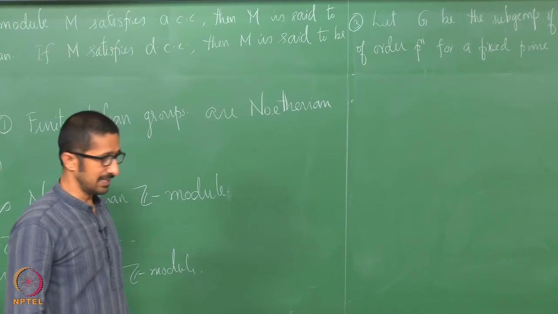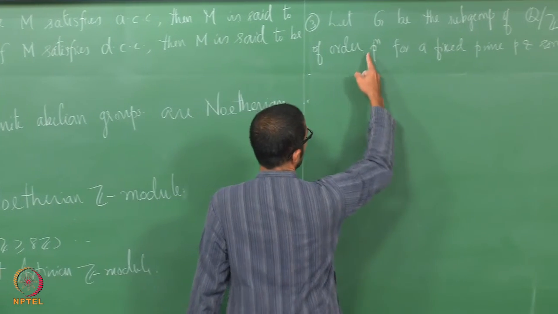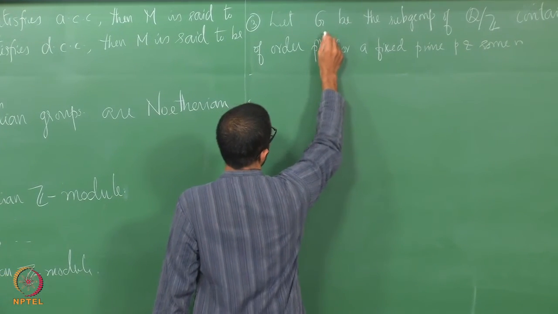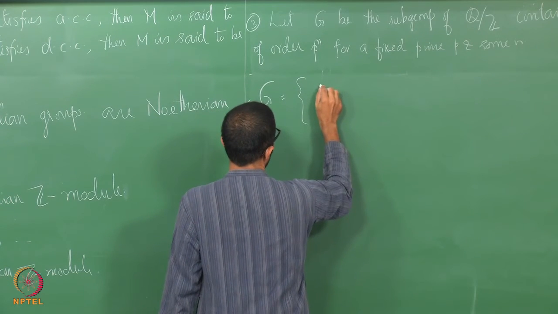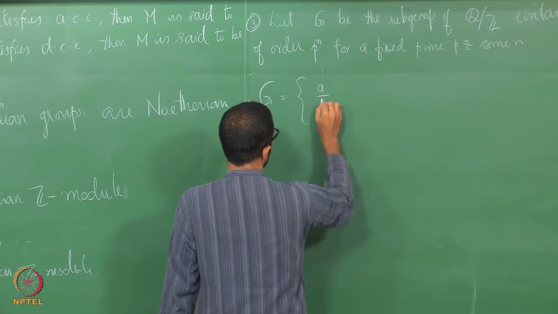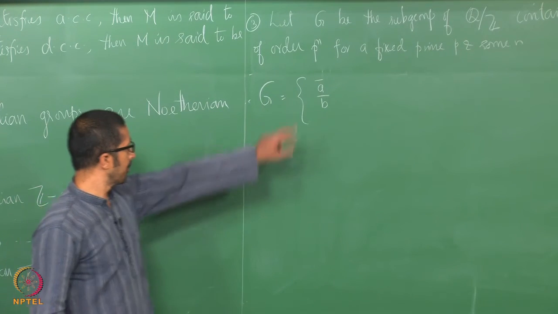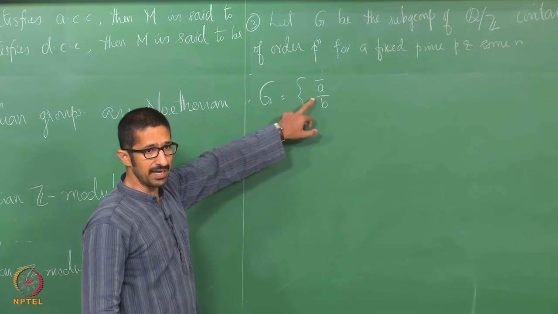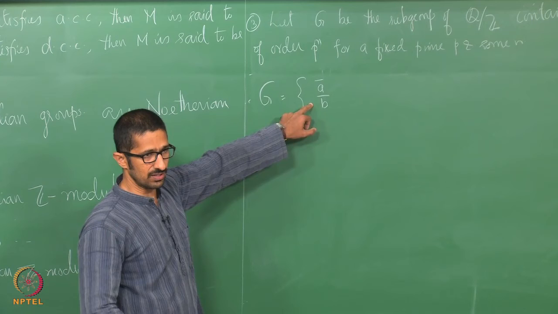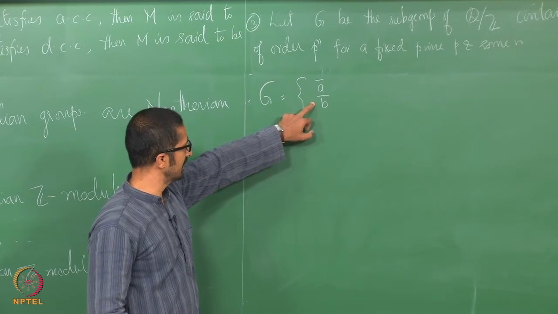Okay. What are the elements of G? I should have some a by b bar such that p power n times a by b is an integer.